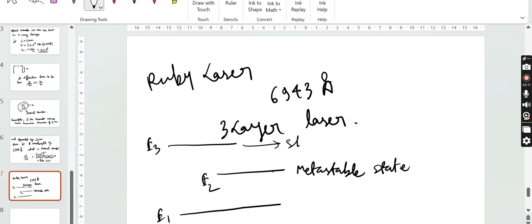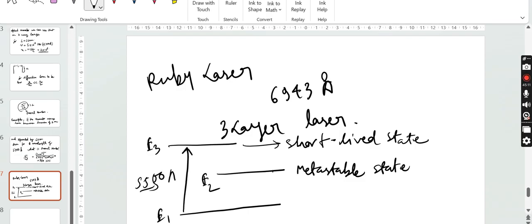There are questions in the NET exam about which state is short-lived, which state is long-lived, and which transition is quick. So you need to know these.